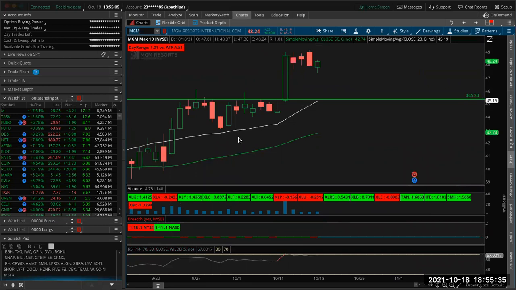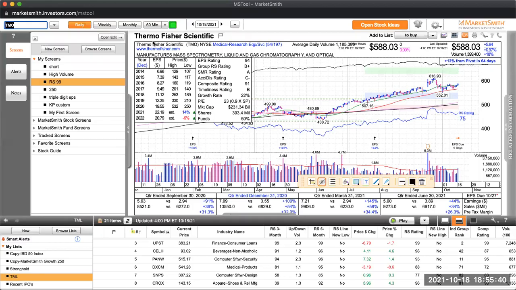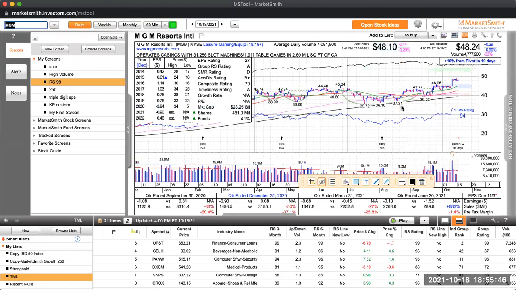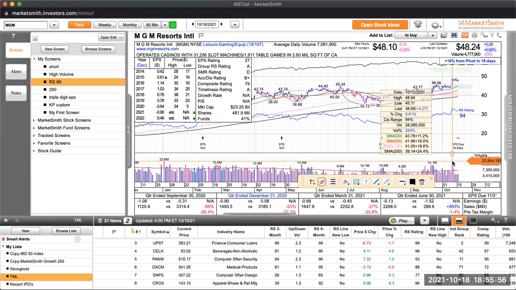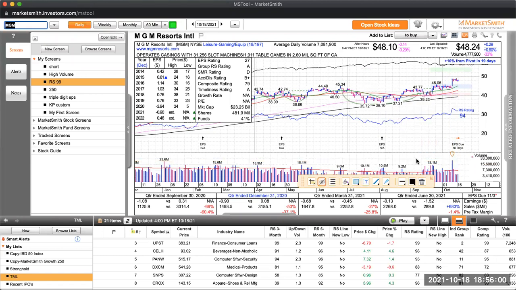So this icon says largest volume since the base. How much was it? 28 million, right?